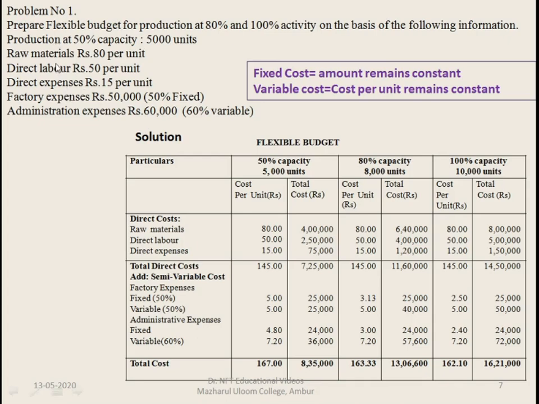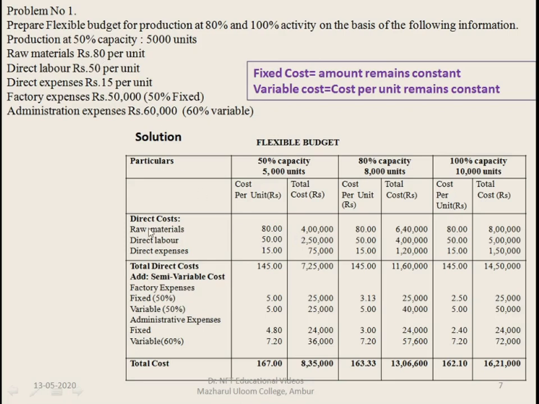So first we'll have to distinguish between variable cost as well as fixed cost and all the semi-variable costs. Here, raw material is a variable cost. In case of variable cost, the cost per unit remains fixed, whereas the total cost changes.